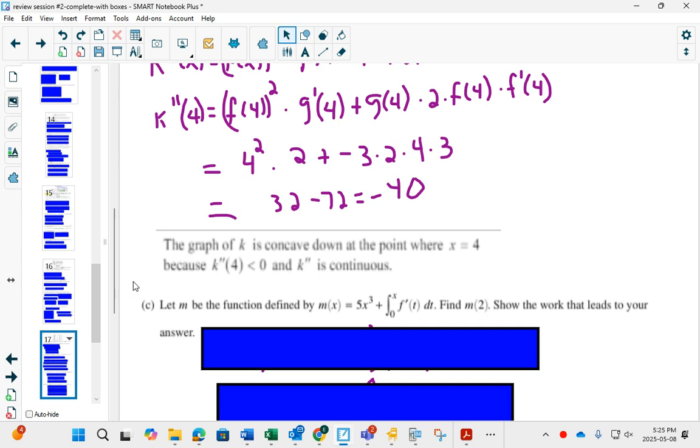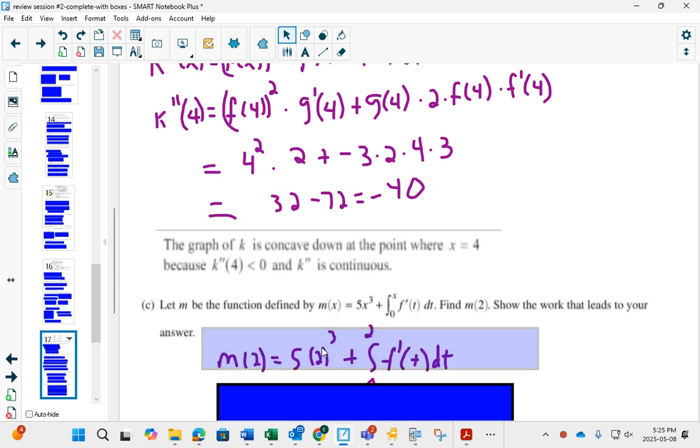So m of 2 would just be plugging in values. Okay? Plug in 2 for x here. Now how do we interpret the integral from 0 to 2 of f prime of t dt? So this is going to use the fundamental theorem of calculus part 2.